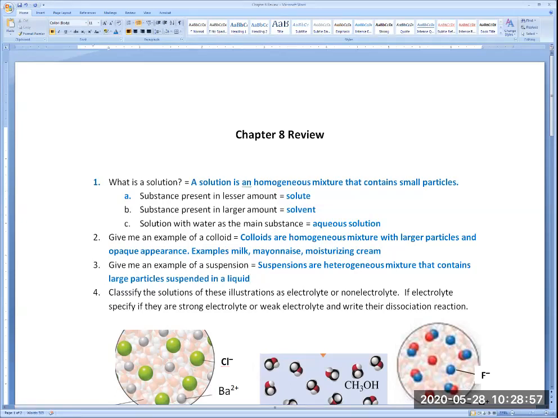And so suspensions can be filtered. You can filter or separate the particles from the liquid using centrifugation or filtration. And so examples are, in your lecture, blood is given as the example because blood has a lot of cells, right?